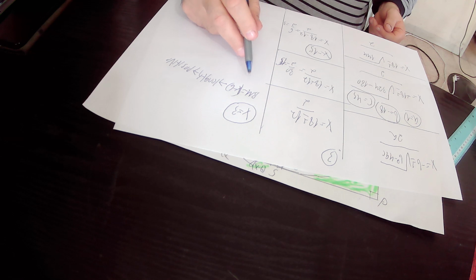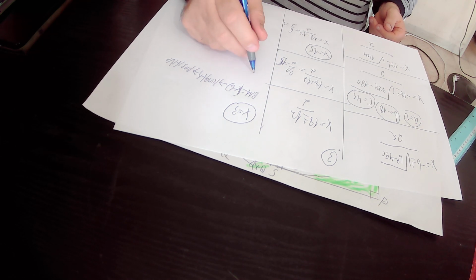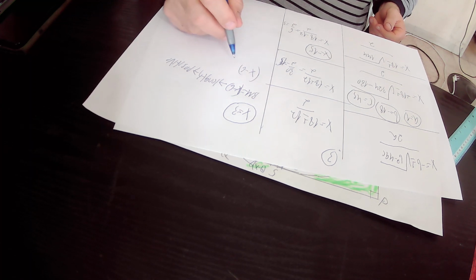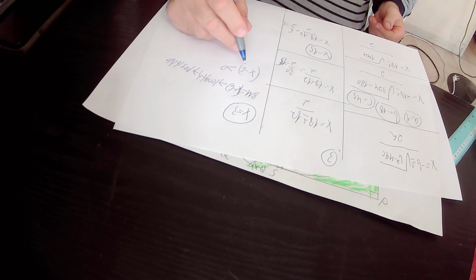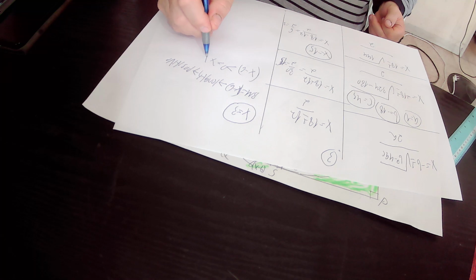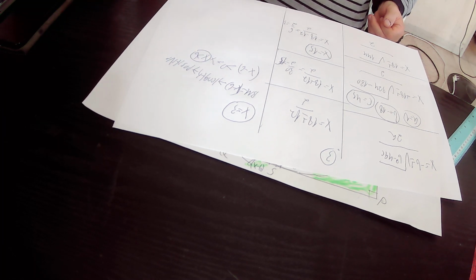The length x minus 6 must be a positive number, that is to say, greater than 0. If x minus 6 is greater than 0, it means that x is greater than 6. So x must be greater than 6.